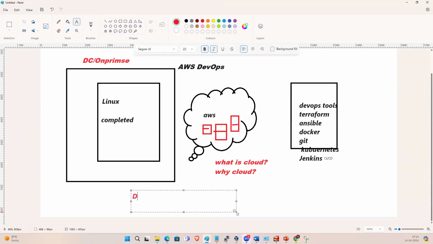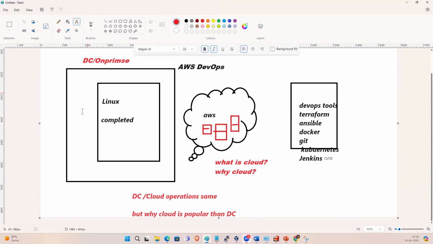The operations in the DC and the cloud are the same, but why is cloud more popular than DC?